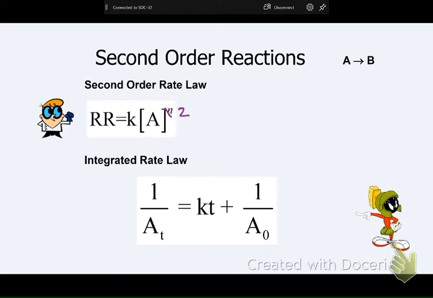So let me point something out to you real quick. This equation is y is equal to mx plus b.